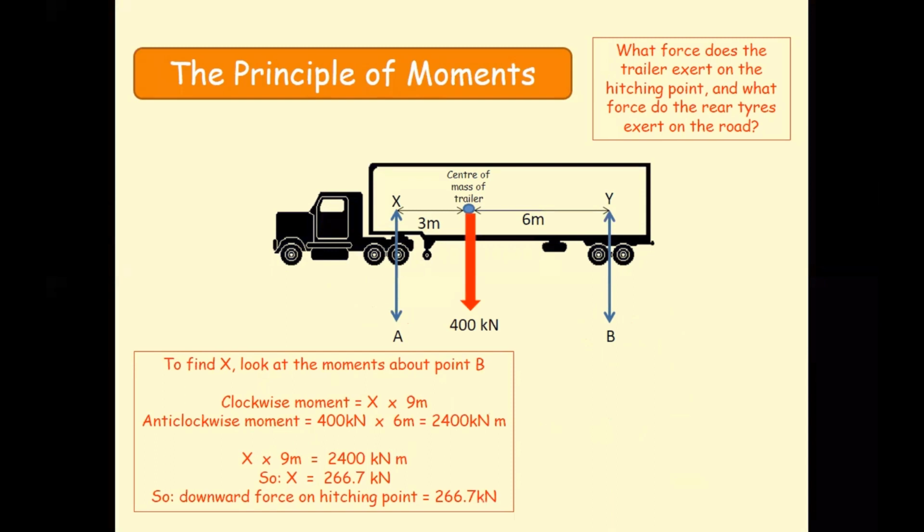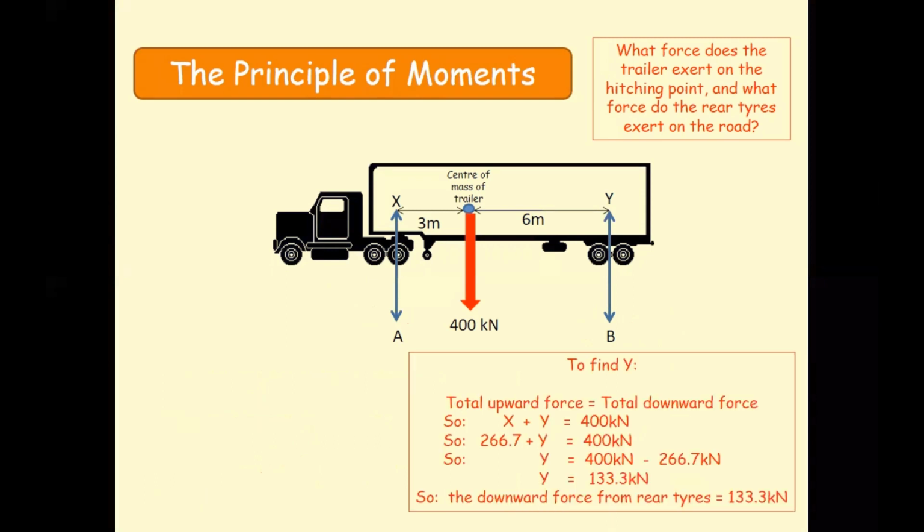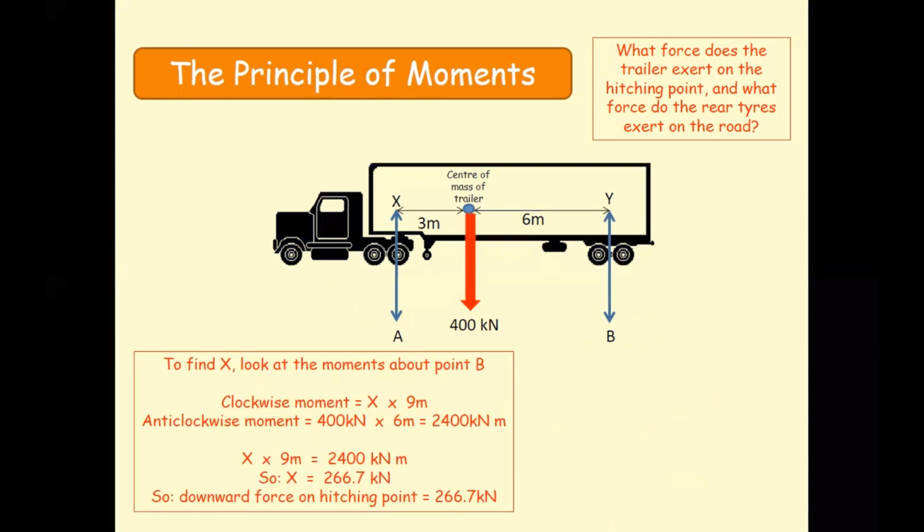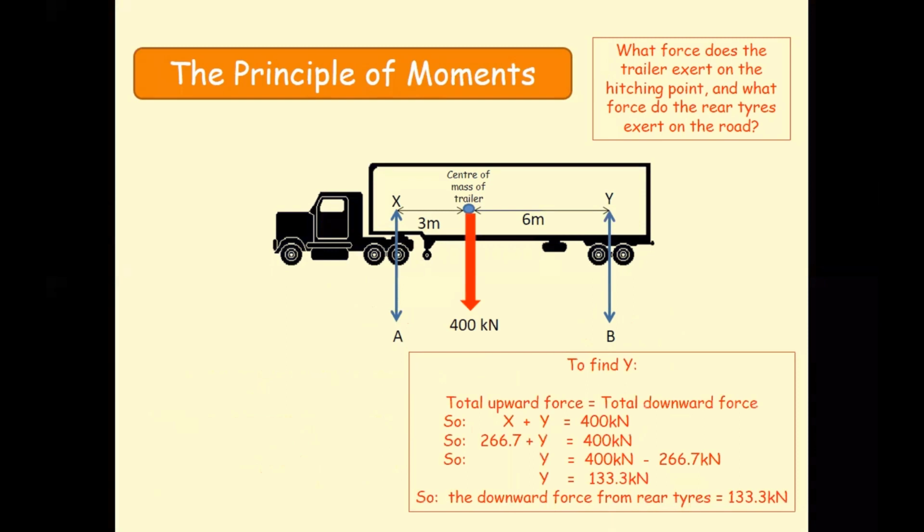Got it? Yes. These kind of examples and these kind of numericals are very important from your paper point of view. Now, if you want to find y, the same methodology we will apply, because now we have the total upward force as x, which we calculated in the first part. So the total downward force we can easily calculate by comparing again the respective formula.